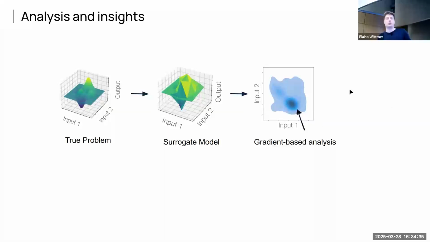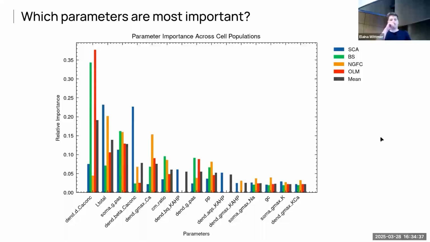And I'm going to show one result here. It's a very busy graph, but what we are showing here on the x-axis is all the different parameters. And then we are looking at the relative importance of these parameters for minimizing the objective and minimizing the constraints. A way to read this is that to the left are the parameters that are the most important when you want to minimize your objectives.